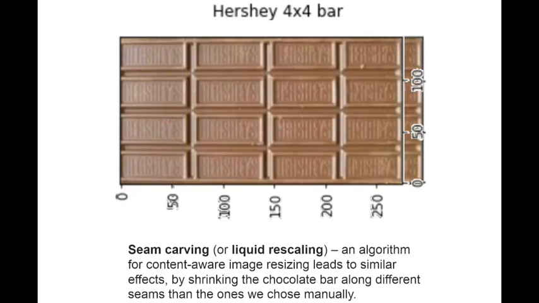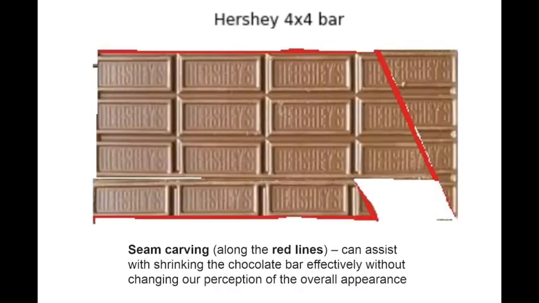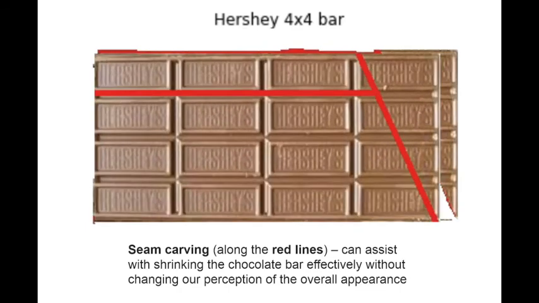And as such, this approach of maintaining appearance while getting rid of some area of an original image is known as seam carving. And a very particular exercise in that logic of seam carving is what we tried out with regard to the Hershey chocolate bar. Hopefully you found this interesting.